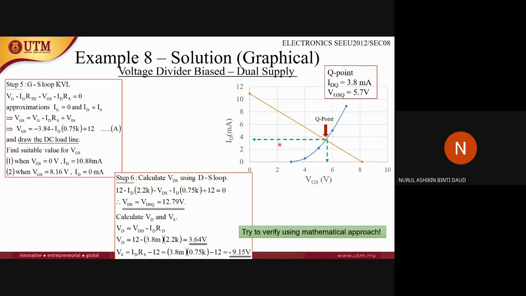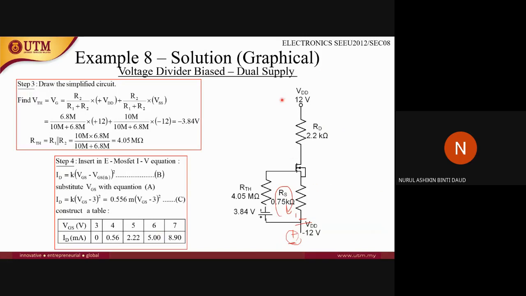From here, using the current of the Q point, you can find the VDSQ. Then calculate the VD and VS, same as just now. VD is the potential difference, 12 minus ID RD, will be the VD value here.